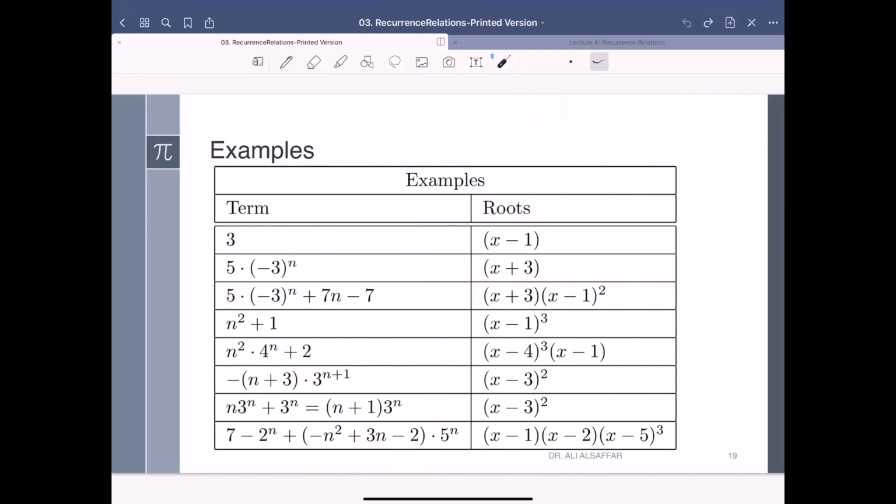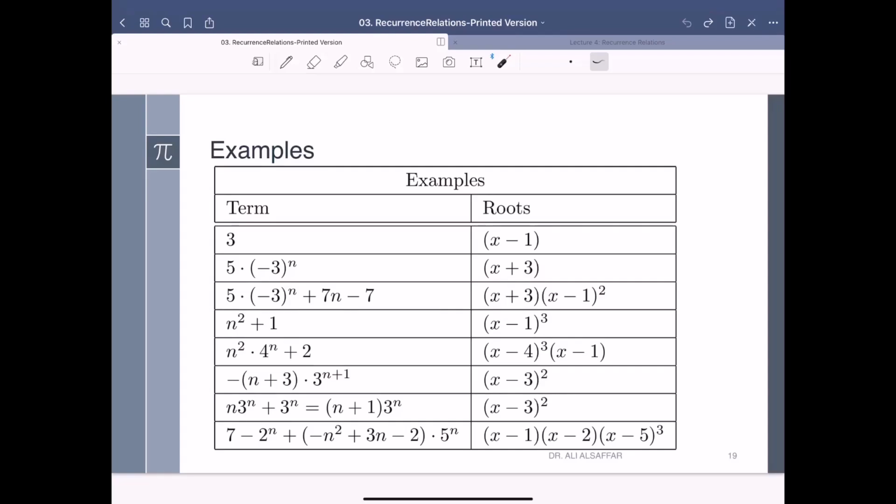Some examples to explore. Now if we have a 3, this is a constant, so the root is x minus 1. Now this is only exponential, so a constant multiplied by an exponential, and here I can consider b is minus 3, so the root will be x minus b, and minus 3, so it will be x plus 3.